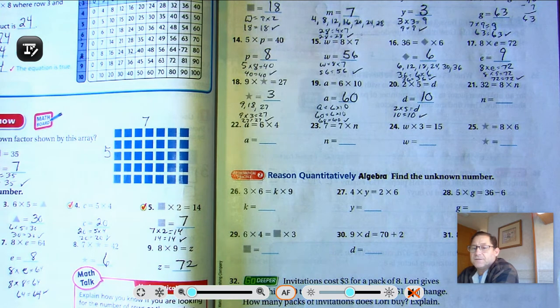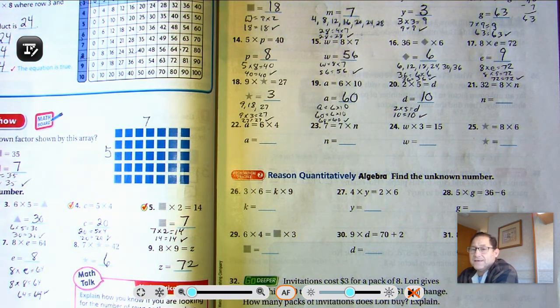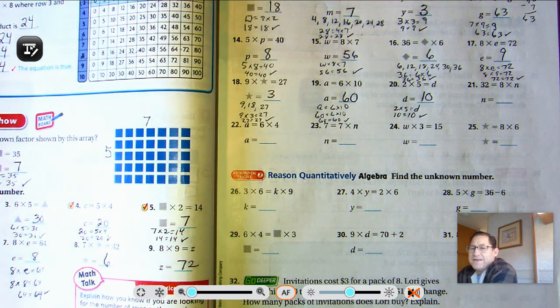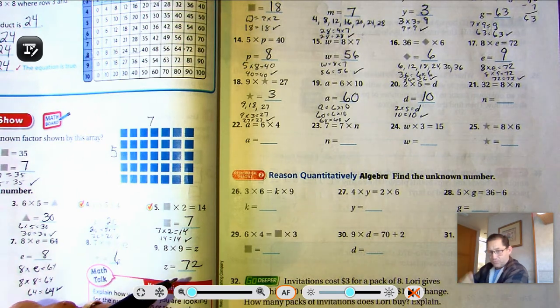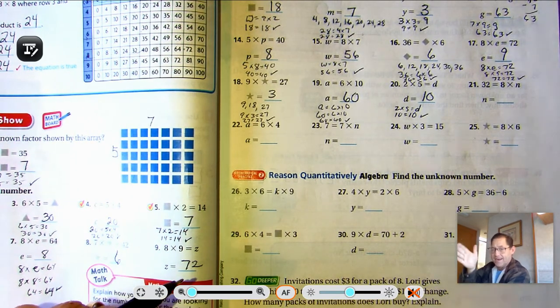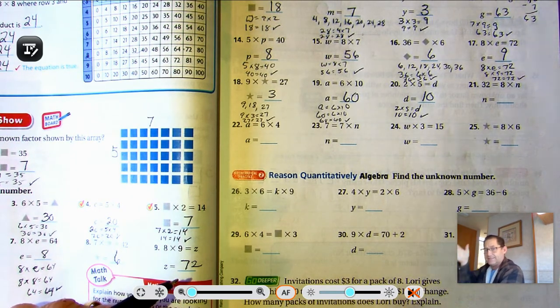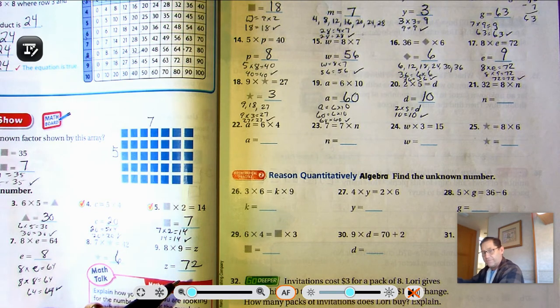32 equals 8 times some unknown factor. So how many 8s would it take for us to get to 32? Well, we could draw an array and have 8 rows of something. So it would be 8, 16, 24, 32.